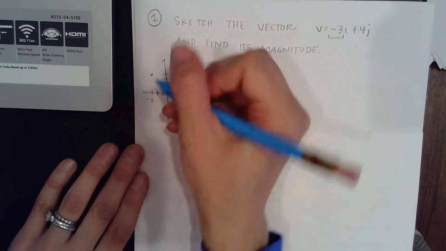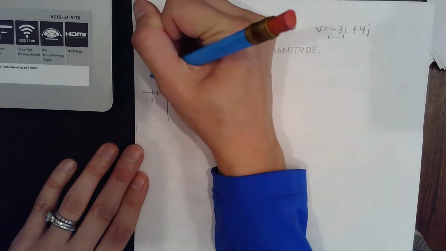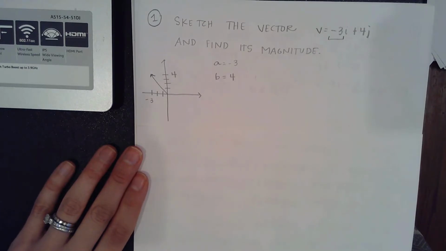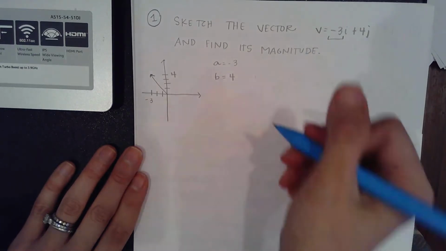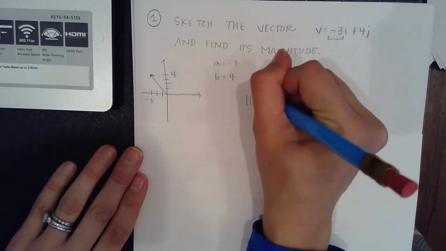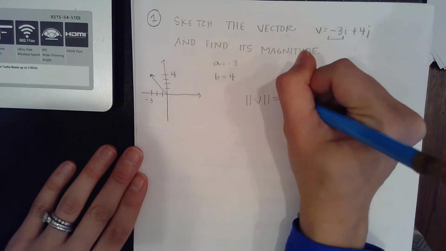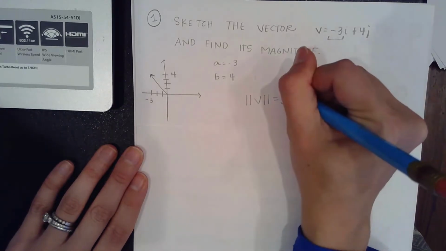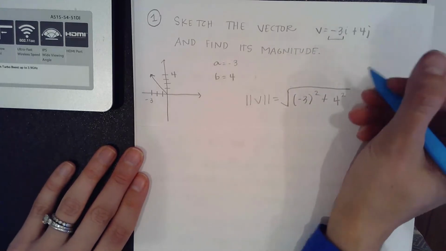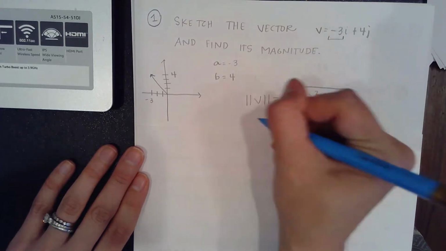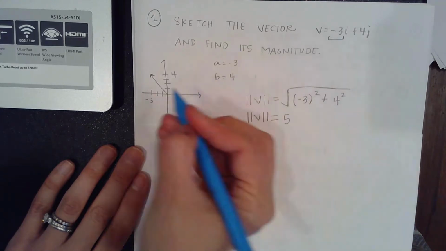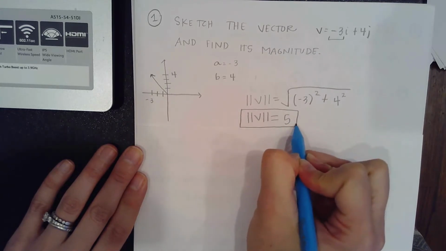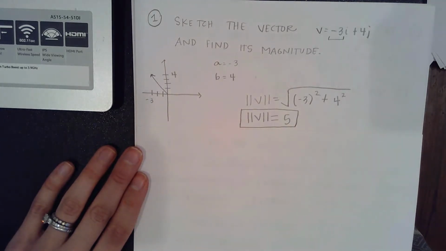So this is going to be the vector v here. Okay, so the magnitude of v is just going to be -3 squared plus 4 squared. So that's 9 plus 16, which is 25, and the square root of 25 is just going to be 5. So the magnitude of v here is just going to be 5 units. Okay, not too bad.